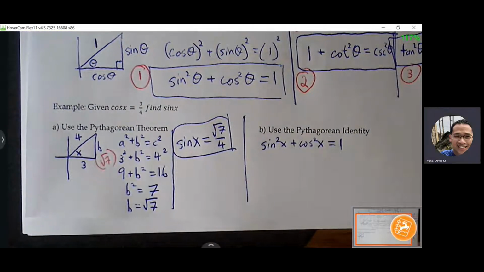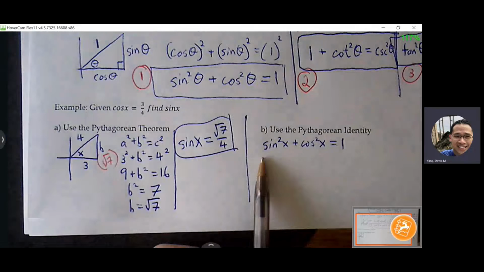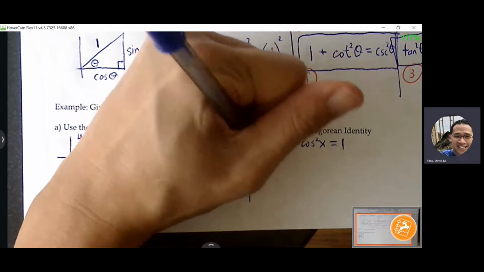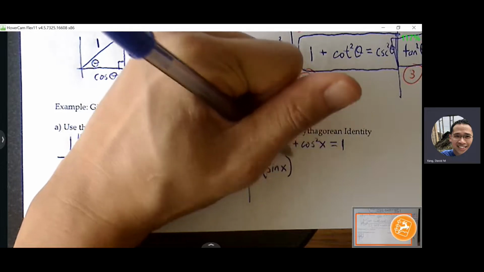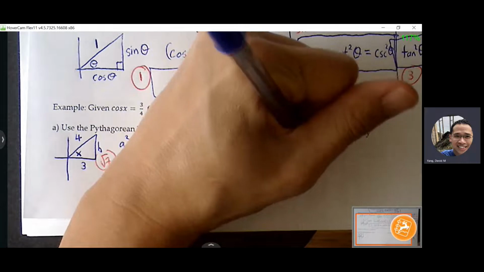Now, I'm going to bring that exponent out using parentheses so that we can see where that 3/4 is going to go. Again, this is the shorthand way of writing it, but we understand that the squared just means I'm squaring the entire trig function. But visually, I think it's going to be more helpful if we write it out this way.